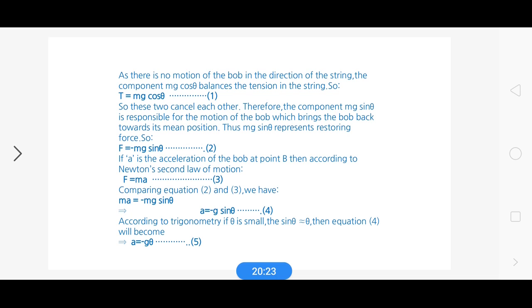So, the tension in the string is balanced by the weight of the body mg at the equilibrium position, whereas the tension in the string, capital T, is balanced by mg cos theta at the extreme position.